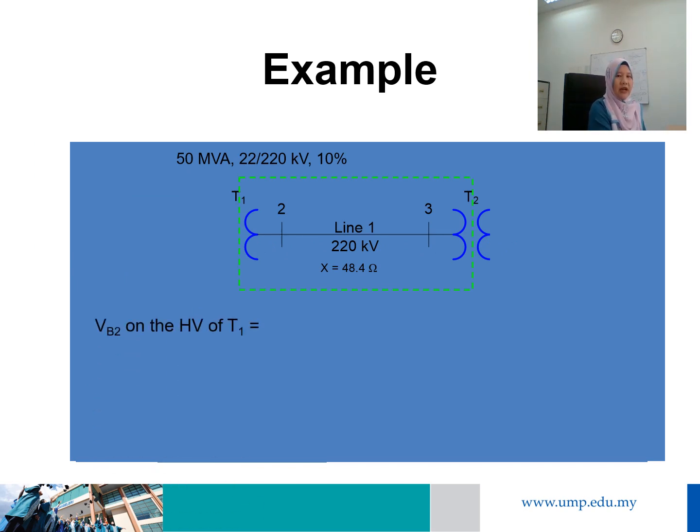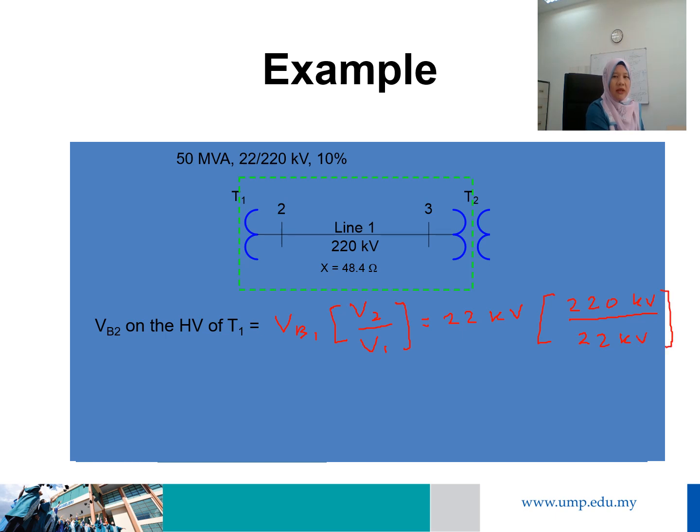For region number 2, V base 2 on the high voltage side of T1 is equal to V base 1 multiplied by the voltage from the secondary side divided by the voltage from the primary side. So we know that V base 1 is equal to 22 kV, the voltage from the secondary side of T1 is equal to 220 kV, and the voltage from the primary side of T1 is equal to 22 kV.